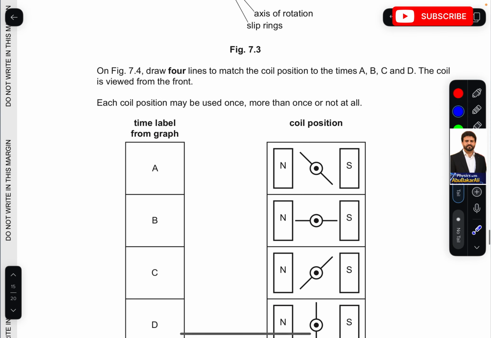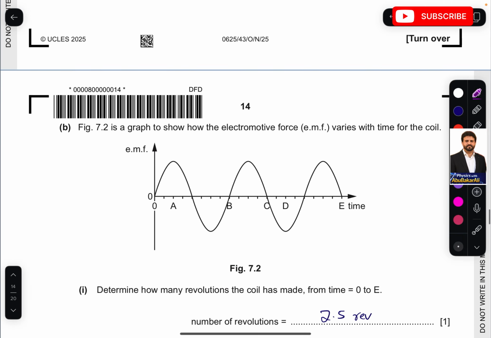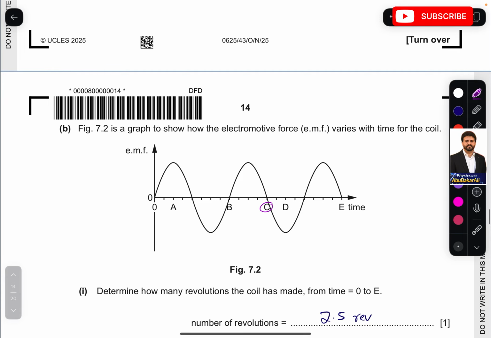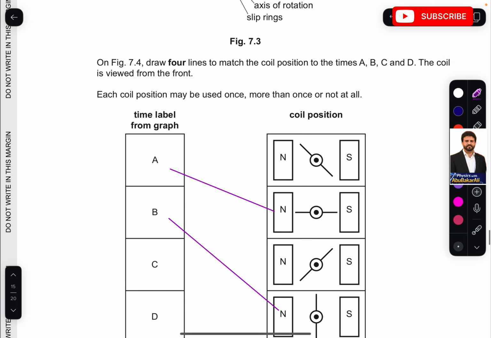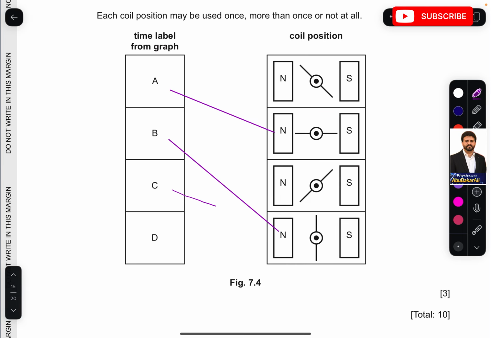So A is for the maximum, should be horizontally placed, and B was the minimum, it should be vertically placed. Okay. And let's see what C and D are. C is again 0 and D is again another maximum. So 0 is for this, and we know D is again maximum. So maximum is for the horizontal.